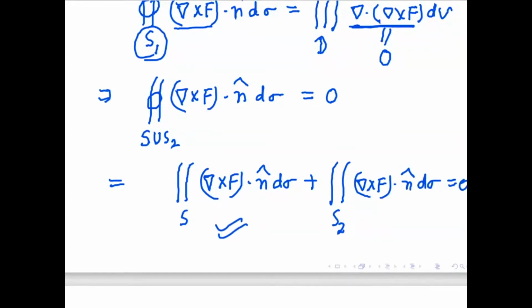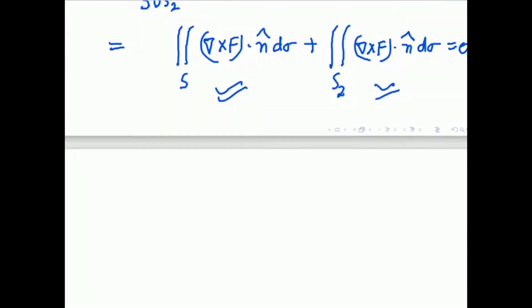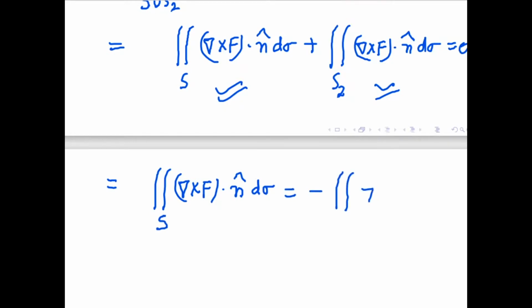That means the surface integral over S is the same as minus of the surface integral over S2. So this is one technique, and in some other question we can directly apply it. That means the surface integral of del cross f over S is same as minus of the surface integral over S2. So what is S2? S2 is that circle.